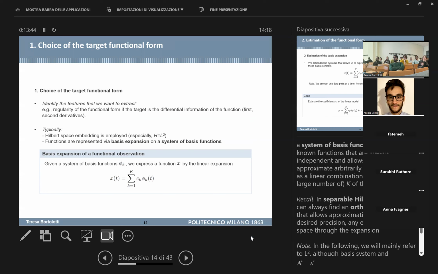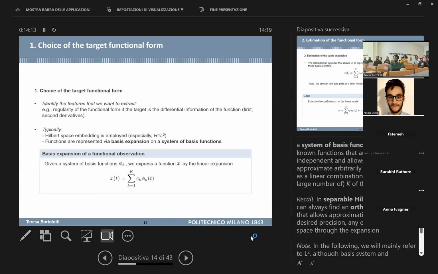Typically, what we do, again, we work in the L2 space, and we operate a basis expansion of the target function x through a system of basis functions. A system of basis functions is a collection of known functions that are linearly independent, and you assume that your x can be arbitrarily well approximated by linear combination of the basis functions.